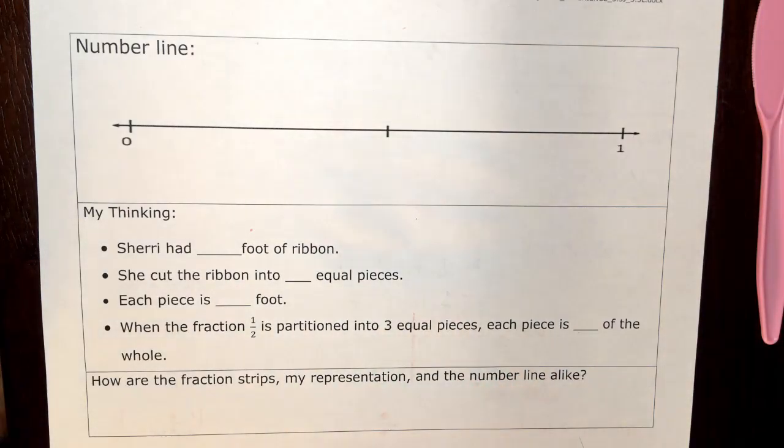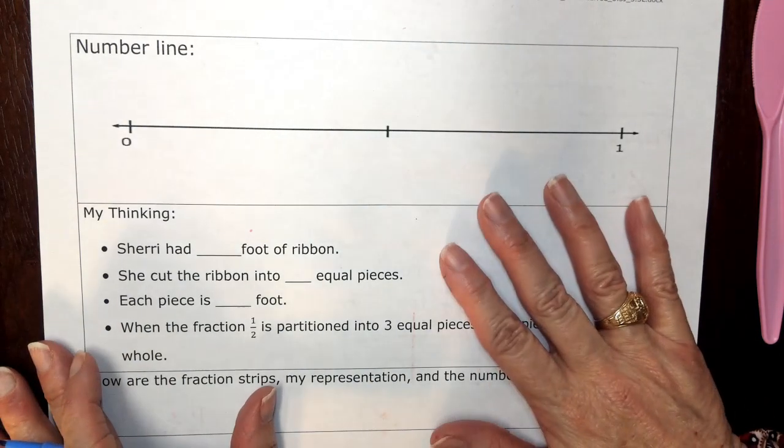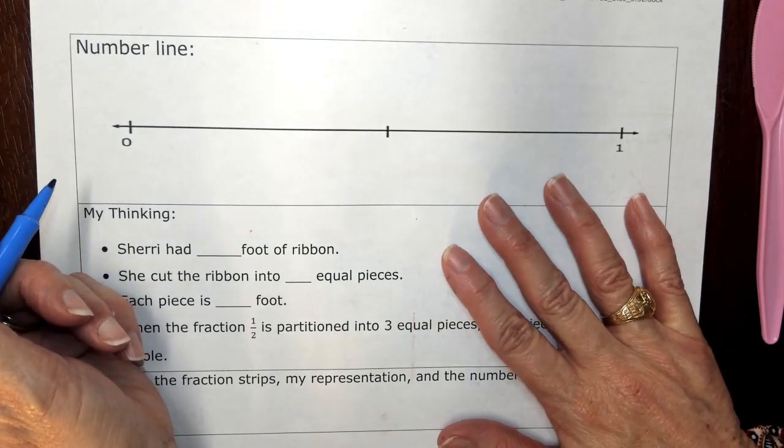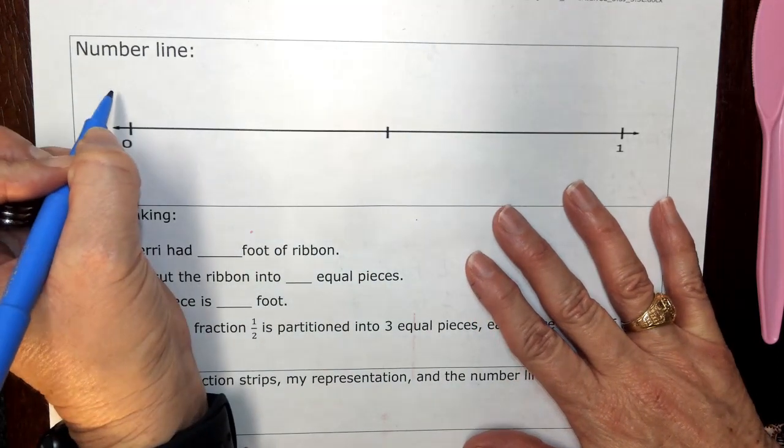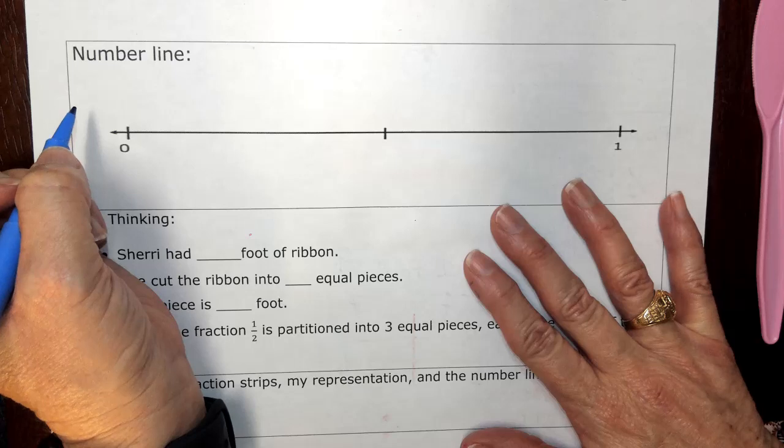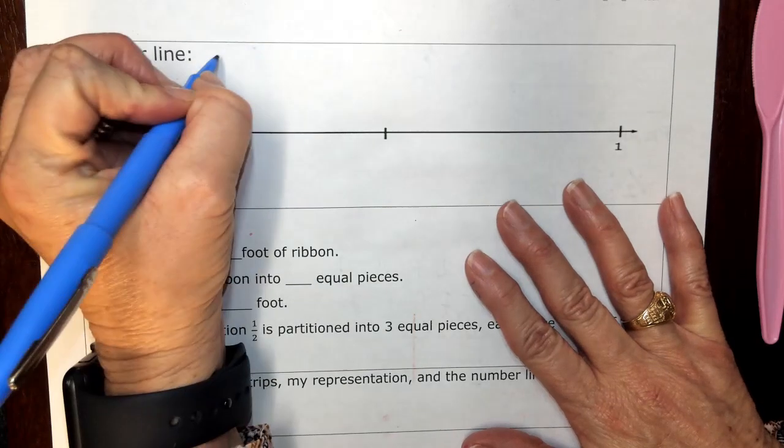This is the back side. When we think about our number line, boys and girls, we want to think about, well, what was it that we had? Well, we had a half.